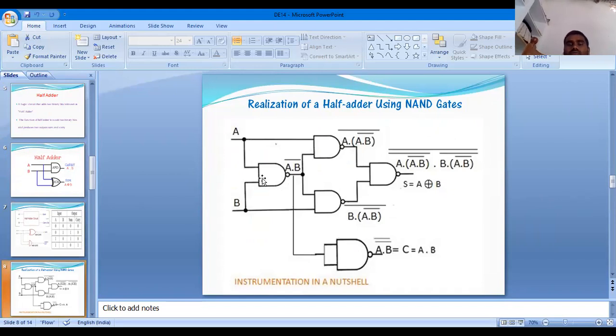So how is it possible? The output of sum is A XOR B, and the output of carry is A into B. For this, we are using only NAND gates. How is it possible? You can see.